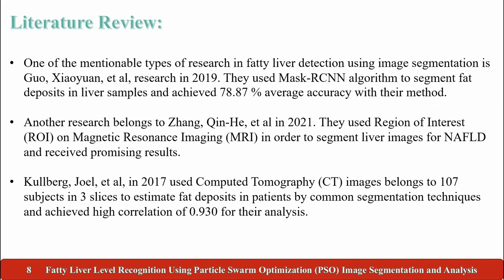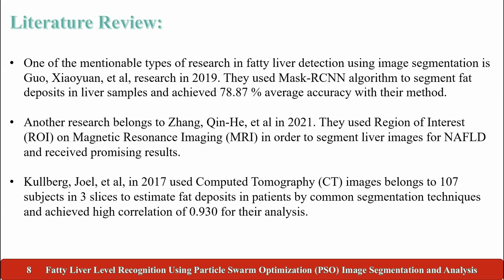One of the mentionable pieces of research in fatty liver detection using image segmentation belongs to Gao and partners in 2019. They used the masked RCNN algorithm to segment fat deposits in liver samples and achieved 78% average accuracy with their method.